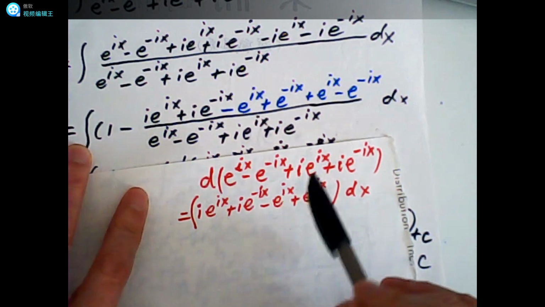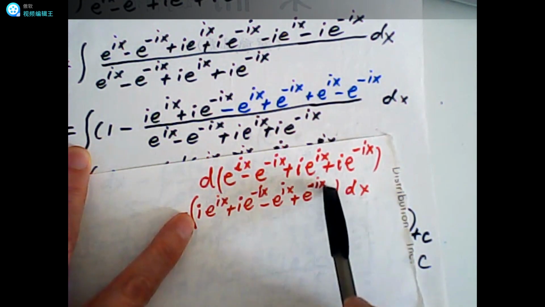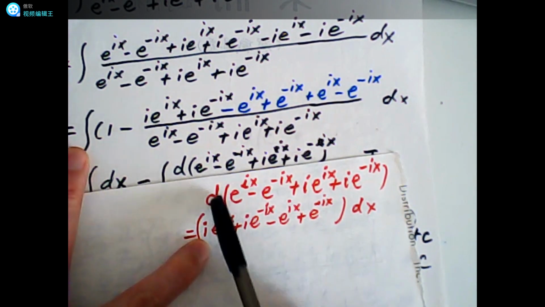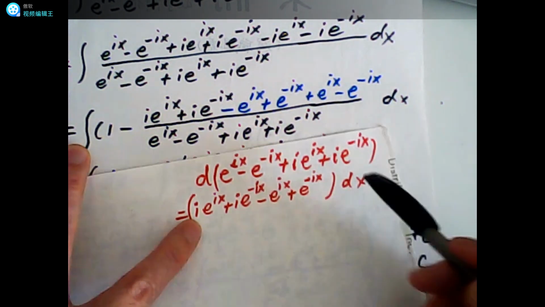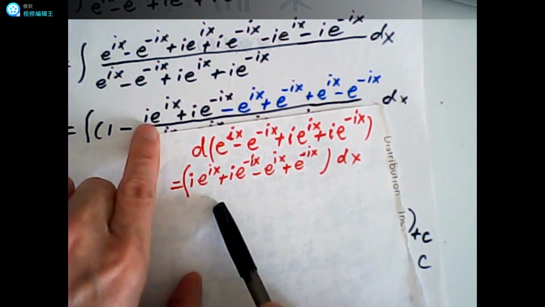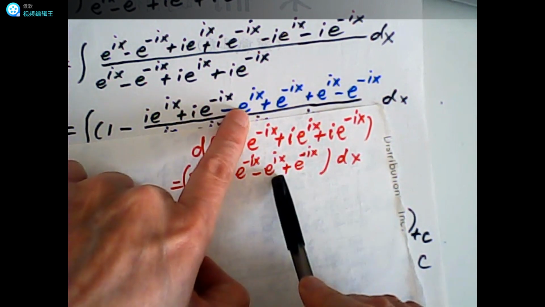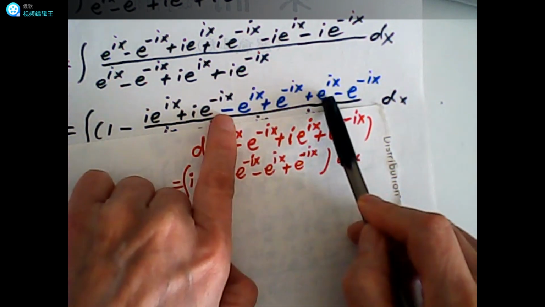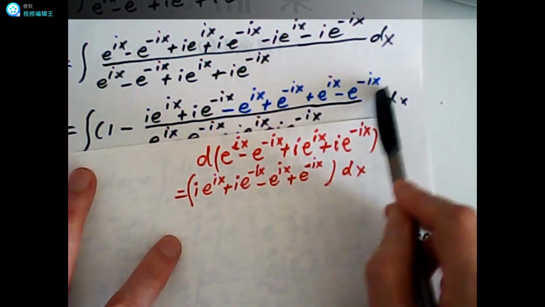Now if I can create the numerator like this, then it will become the derivative of a denominator. That brings our log function, right? Therefore, I do have this, I do have that, but I don't have this. But adding on this, I don't have this, I add on that. Then I subtract it. Then I subtract that. This is still 0. Okay?